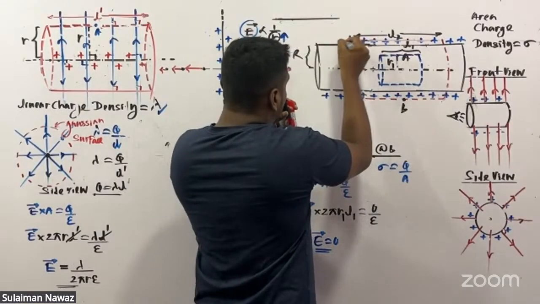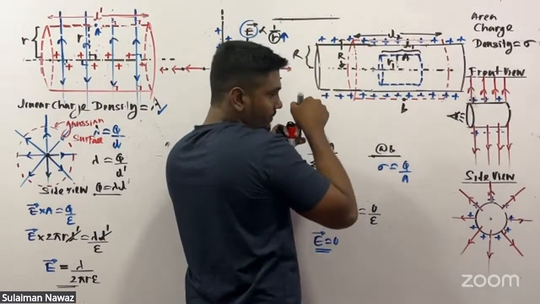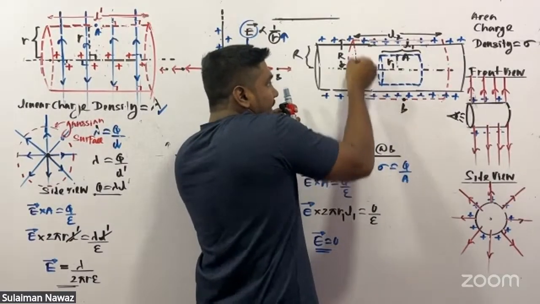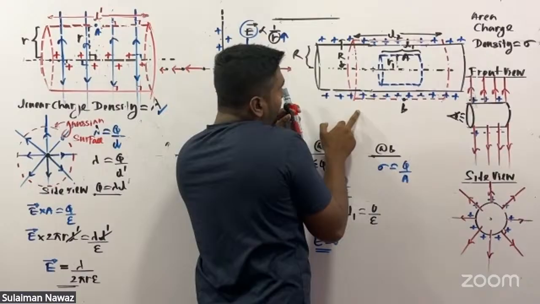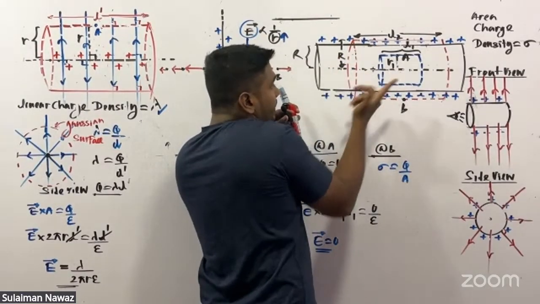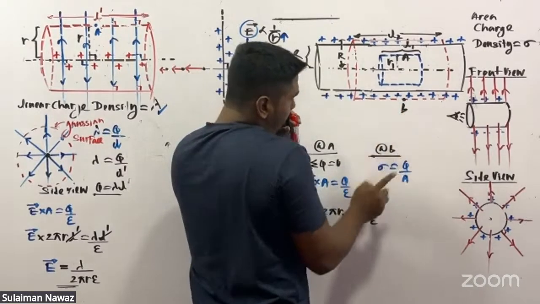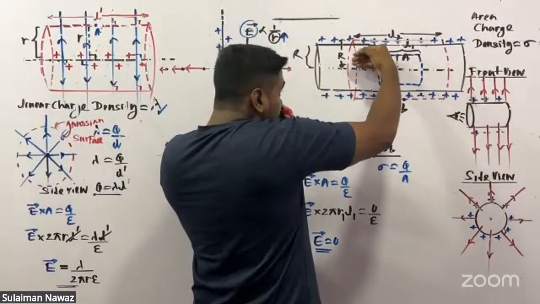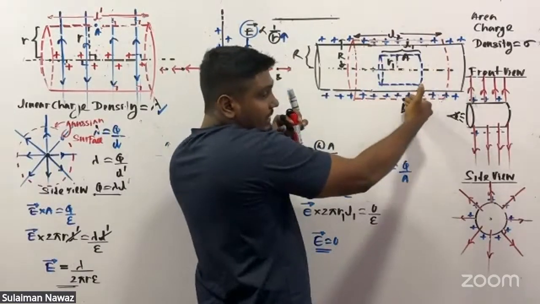So what is the total charge inside this red color Gaussian cylinder? If not, what is the charge covered by it? That is going to be equal to sigma into the area covered by the red color Gaussian cylinder.